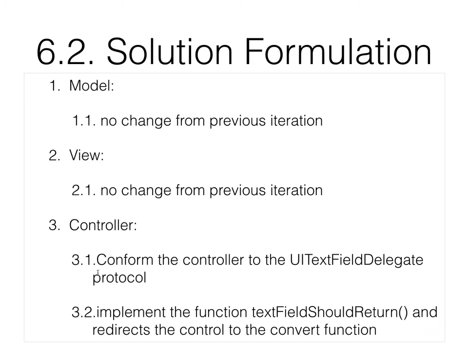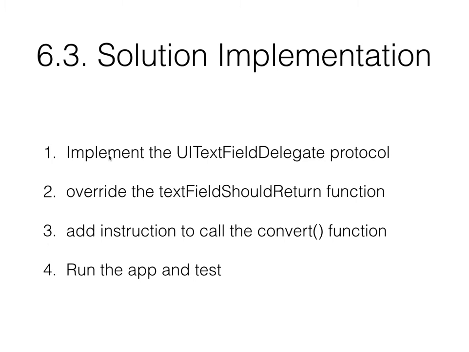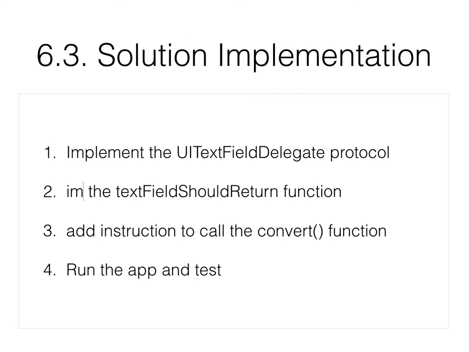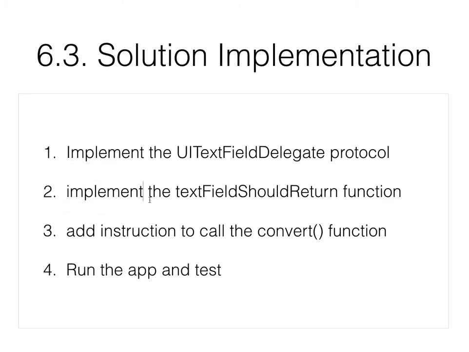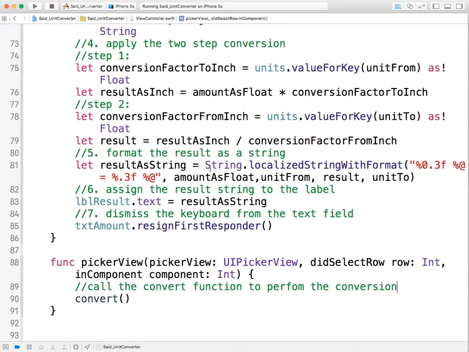Then we need to implement the function textFieldShouldReturn, and we're going to do something like we did before, redirect to the convert function, because there's no need to reinvent the wheel. The convert function already knows how to do all the conversion. So it's implemented because there's no implementation of textFieldShouldReturn already. The protocol has only a definition, not implementation. So let's go ahead and do that.